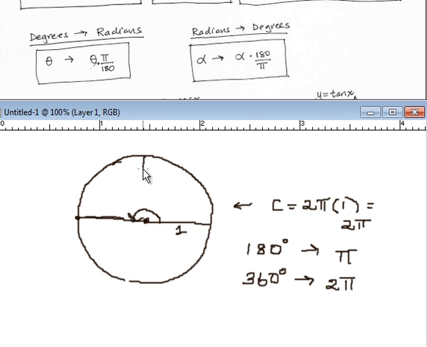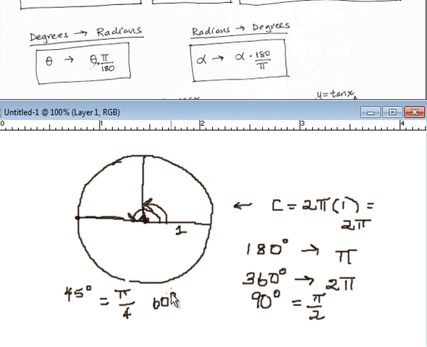What about a 90-degree angle? Well, a 90-degree angle cuts off a quarter of the circle, so that would be pi divided by 2, pi over 2. And you can go on like this. Let's say 45 degrees is half of pi over 2, so that would be pi over 4. And 60 degrees?